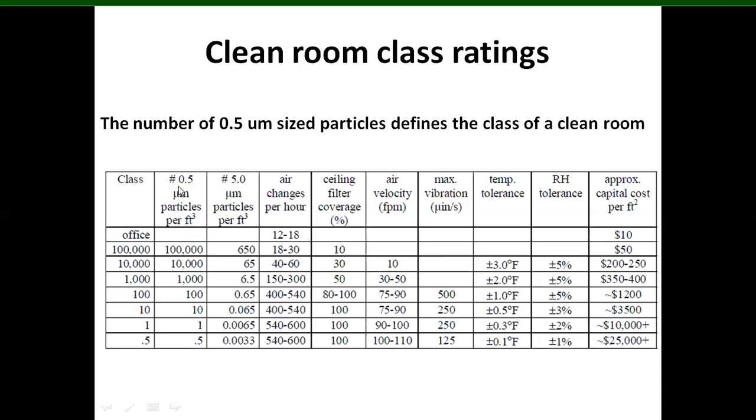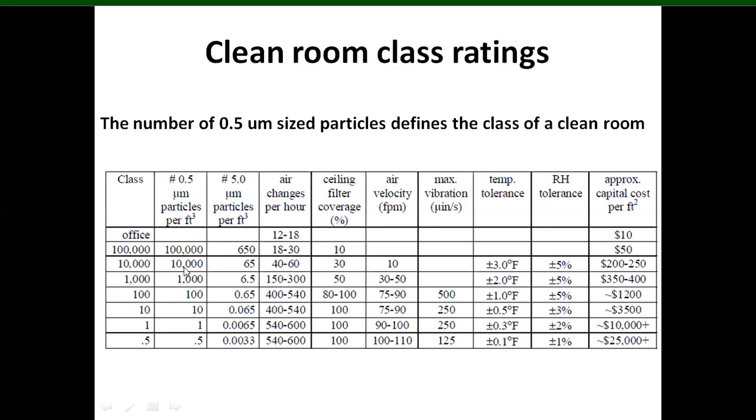And in this column we see the 0.5 micrometer particles per cubic foot, that is, in 1 cubic foot, how many 0.5 micrometer size particles there are. So if there are 100,000 0.5 micrometer size particles in 1 cubic foot, then the class of that room would be 100,000.